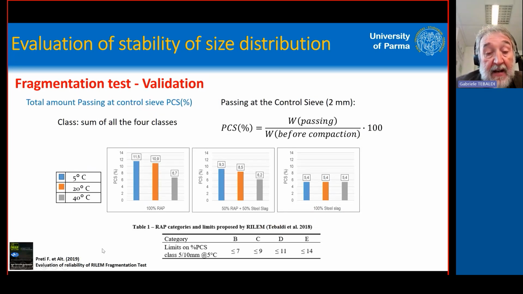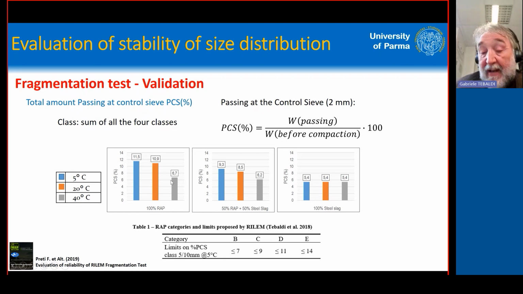So as you can see here, if we have 100% RAP, this is the result of the analysis. But if we move to 50-50, with the same size distribution, we have a change in the passing at the control sieve. That is even more if we are using only 100% steel slag. So what does it mean?